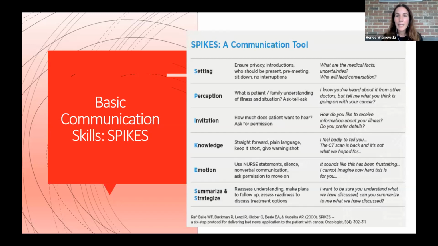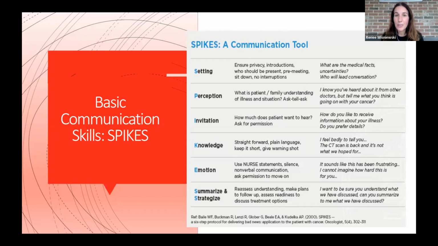Sometimes there's a pre-meeting among the providers or the interdisciplinary team to assess what the goals of the meeting should be. It's important to be able to sit down and have no interruptions when communicating difficult information or serious information. Very important to figure out who's going to lead the conversation.